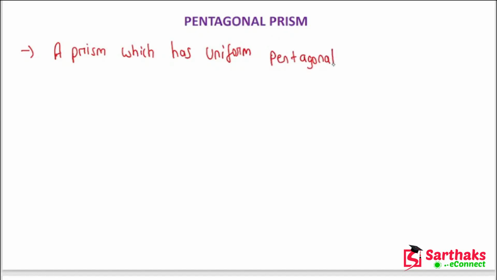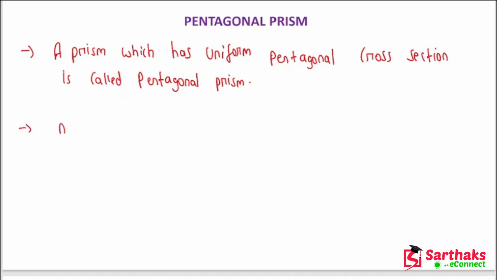That is, the base should be a pentagon. Which has uniform pentagonal cross section is called a pentagonal prism, right?